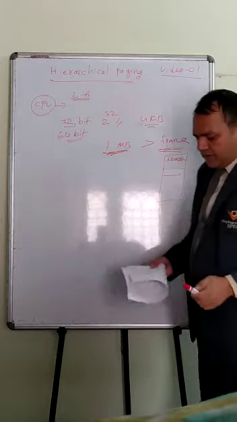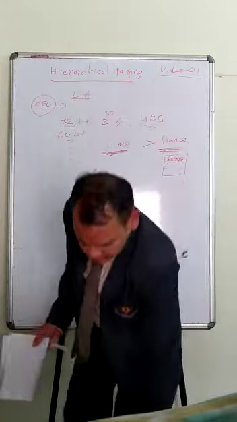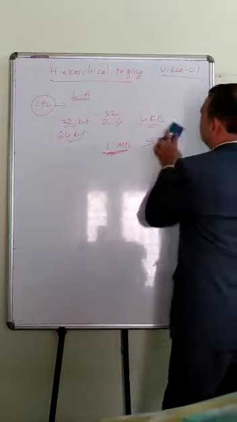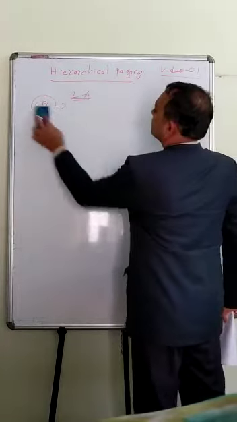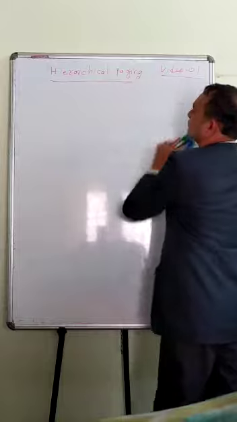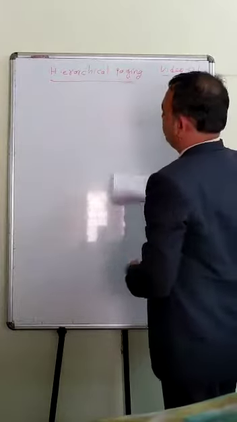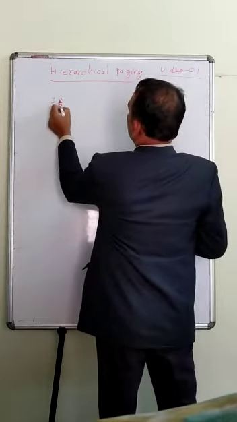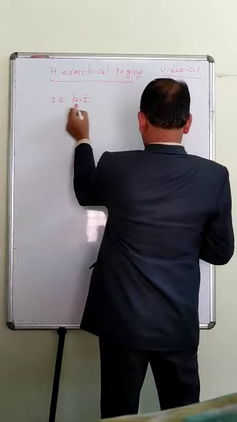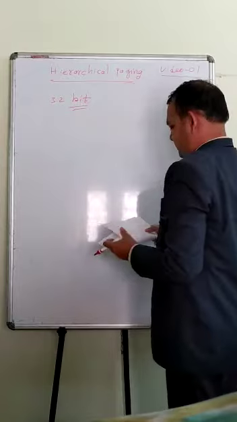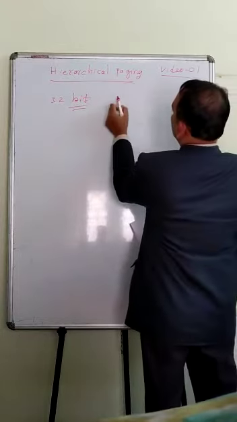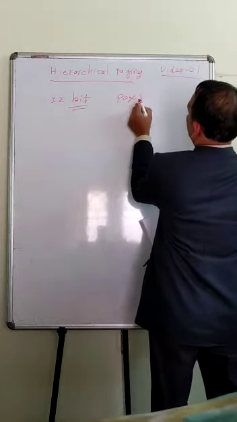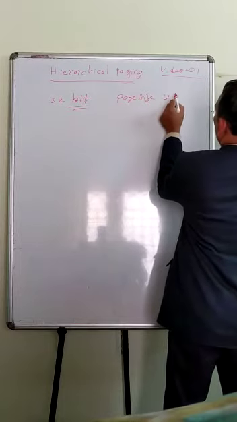Okay, my dear friends, now let us see how this happens. We'll see with an example. A system with a 32-bit logical address space with page size 4 KB.